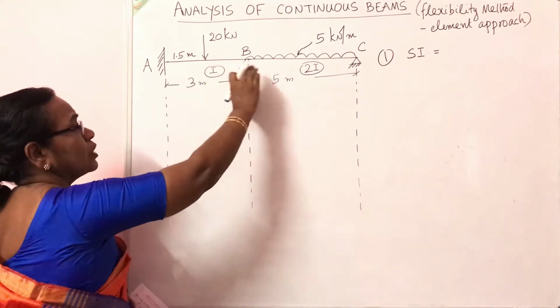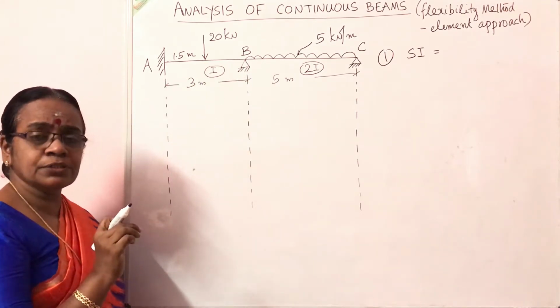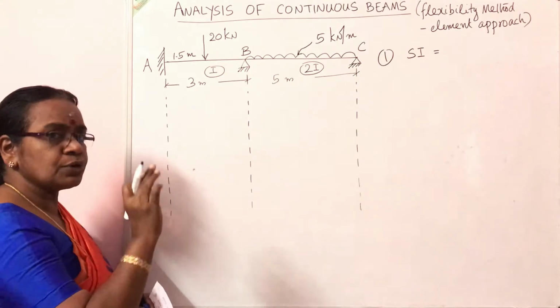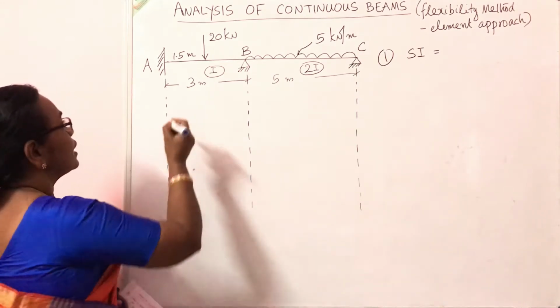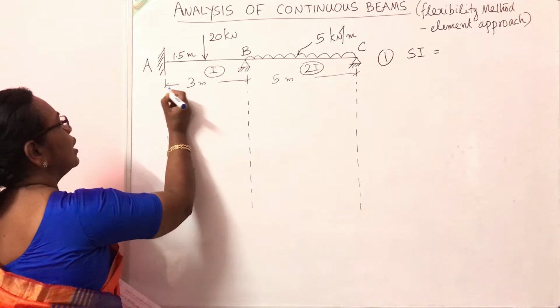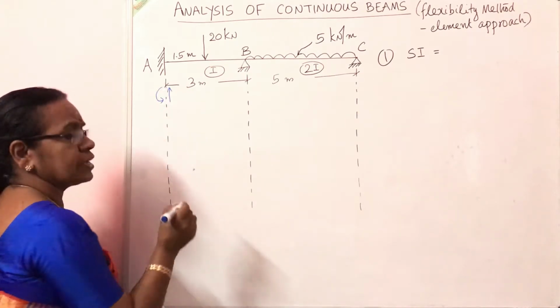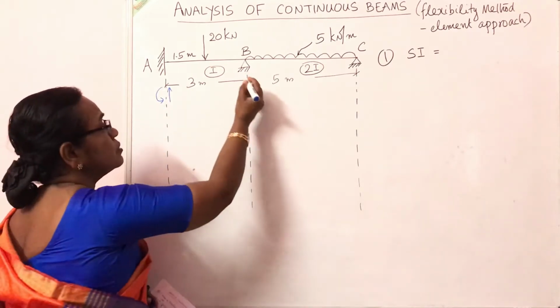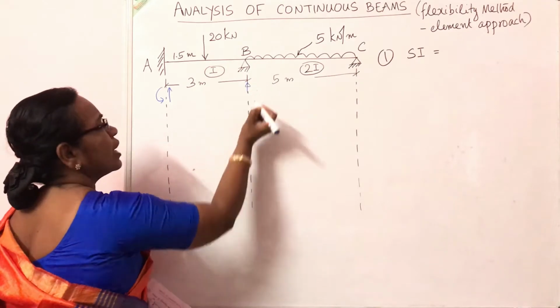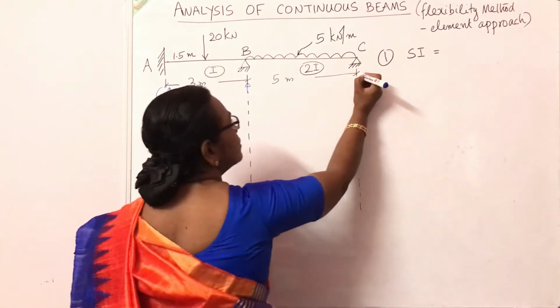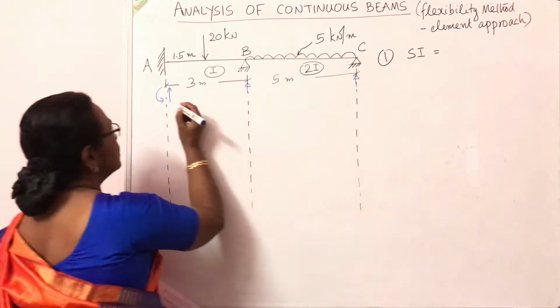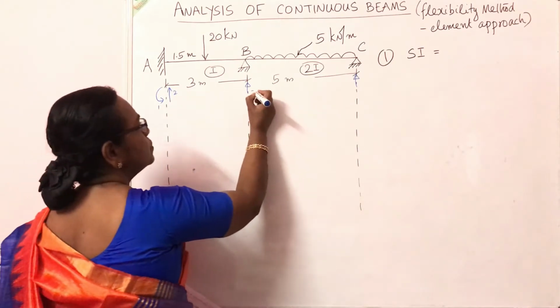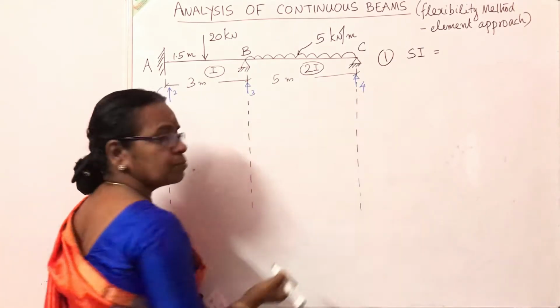This structure is not having any horizontal loads, so we need to consider only the vertical component of reaction. Here vertical reaction, here there is a moment for the fixed end. For support B, there will be a vertical reaction. Support C, there is a vertical reaction. So altogether 1, 2, 3, 4.